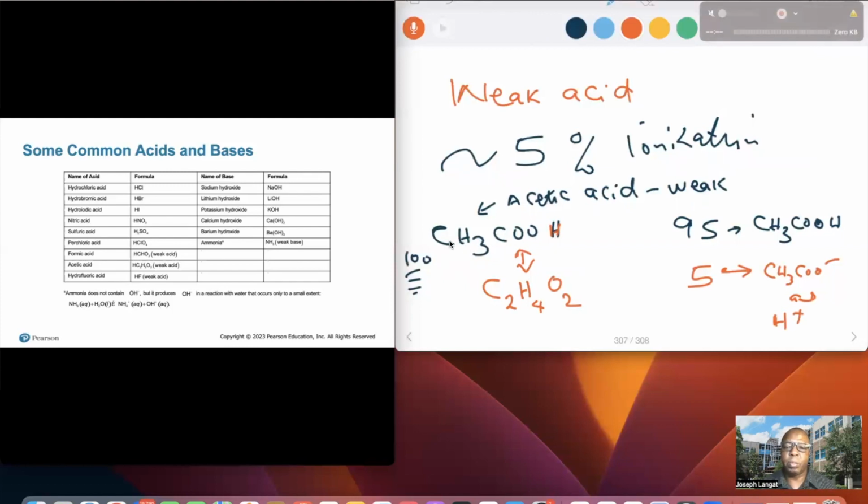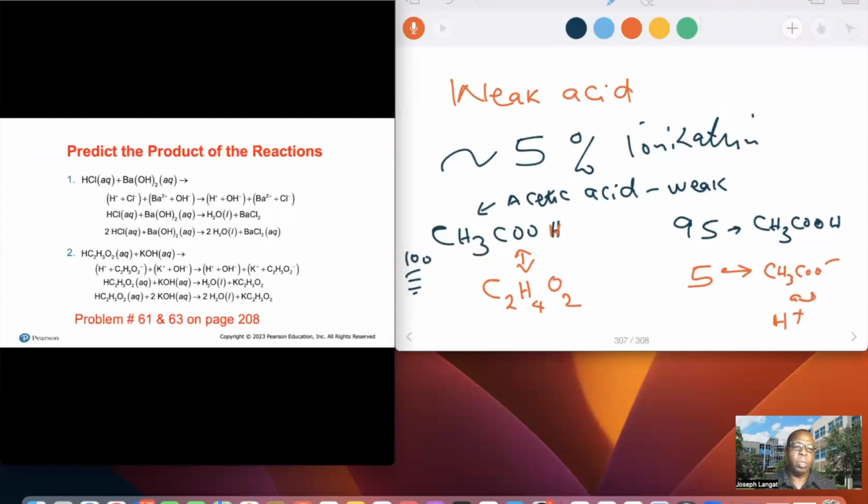Acetic acid has 2 carbons, and in the condensed formula, 1 plus 3 for hydrogen, and then 2 oxygen. Compared to what I have here, it's the same thing: 1 hydrogen plus 3 gives you 4, and 2 carbons, 2 oxygens. The reason you have this hydrogen here is that it's ionizable, ready for ionization. For bases, these are common formulas as well as their names. You need to learn those as well.